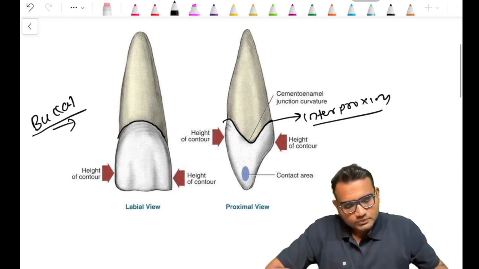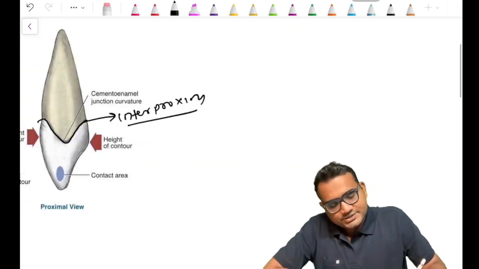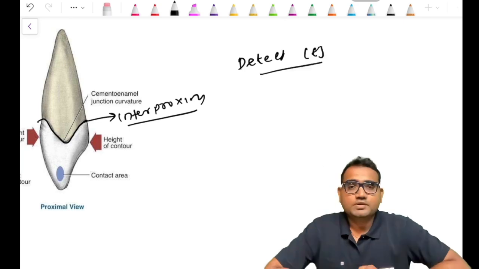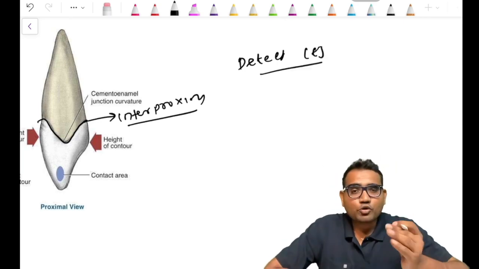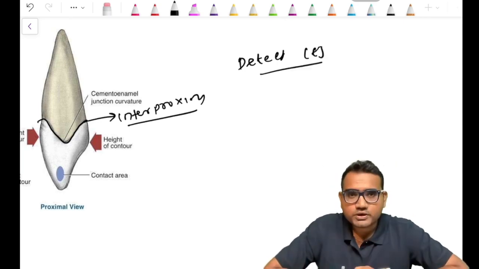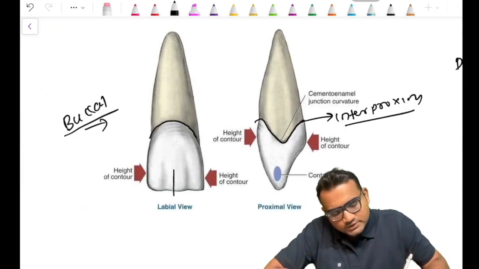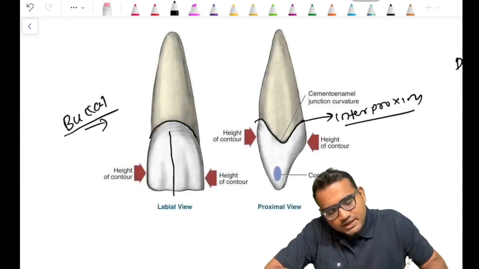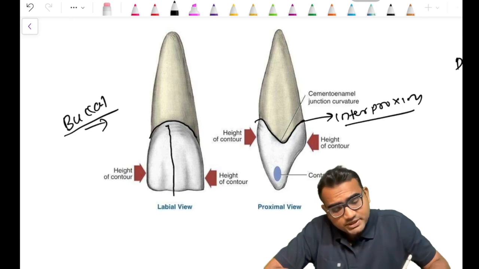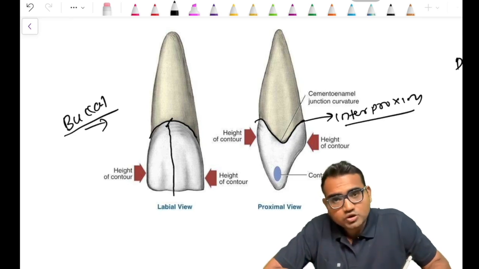Okay. Now, how to detect CEJ? Very simple. I'm going to take a probe or an explorer. Okay. I'm going to run the probe or explorer in this direction towards the CEJ, and when I reach the CEJ, there's going to be a sudden drop.